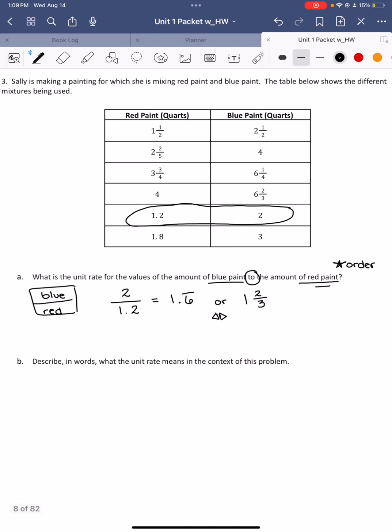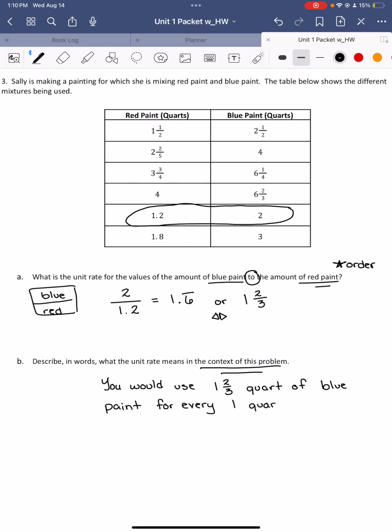Next question, it says, describe in words what the unit rate means in the context of our problem. So the context of our problem means, what is this unit rate telling us? Well, it tells us that you would use 1 2/3 quarts of blue paint for every, which is the same thing as per, 1 quart of red paint.